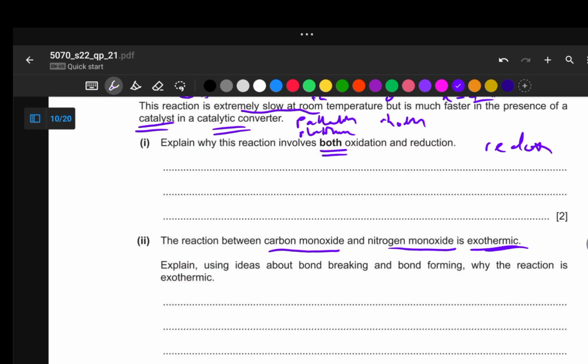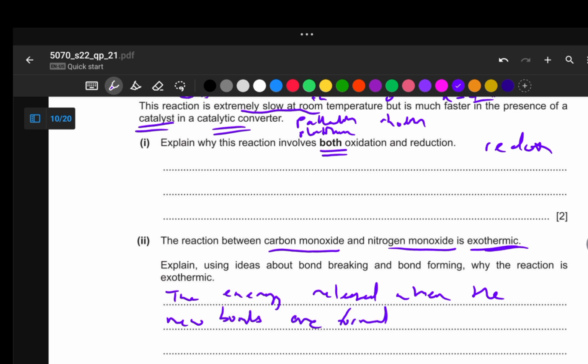So the energy released when the new bonds are formed is greater than the energy required to break the old bonds. As simple as that.